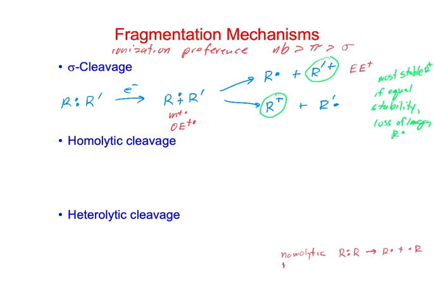If we have a heterolytic cleavage, then we have an unequal splitting of the electrons, and we would end up with one of these with both electrons and the other one with none of the electrons. Homolytic cleavage is usually going to be a radical induced mechanism.